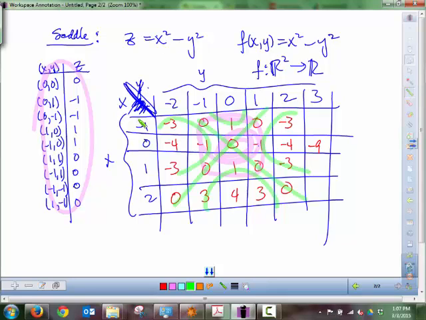The numbers on the left side would be your x values. The numbers on top would be your y values. And by doing that, we might get a better sense of how to describe this numerically instead of doing that table. So the next step is to try to visualize this.